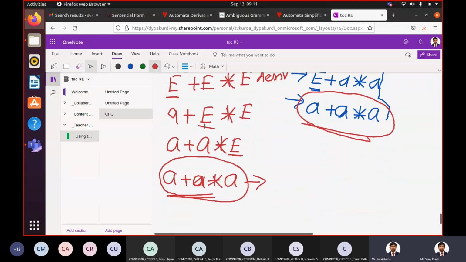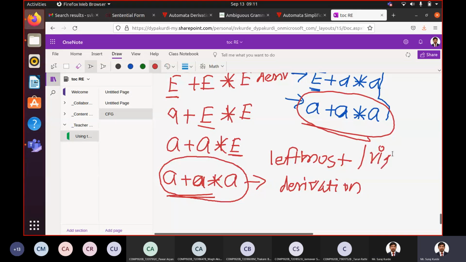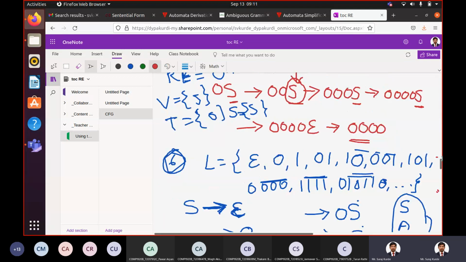What it is called as leftmost derivation or rightmost derivation.